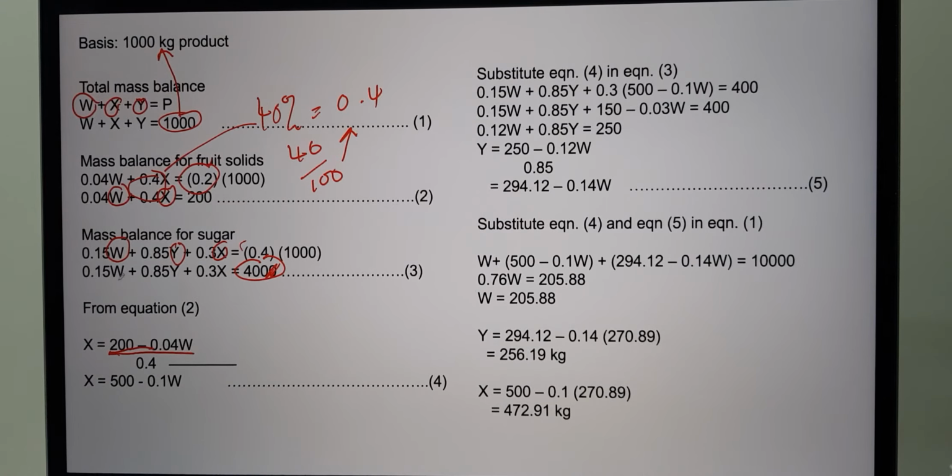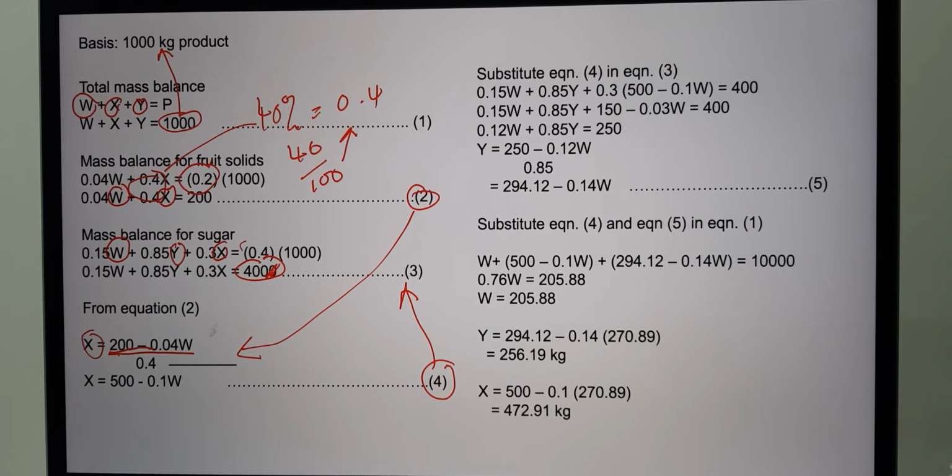This is the line. Okay, from equation number 2, we simplify. We take out the unknown X. X becomes (200 minus 0.04W) divided by 0.4. Okay, X equals 500 minus 0.1W. This one is the fourth equation. So, this equation number 4, we substitute into equation number 3. Why do we do that?